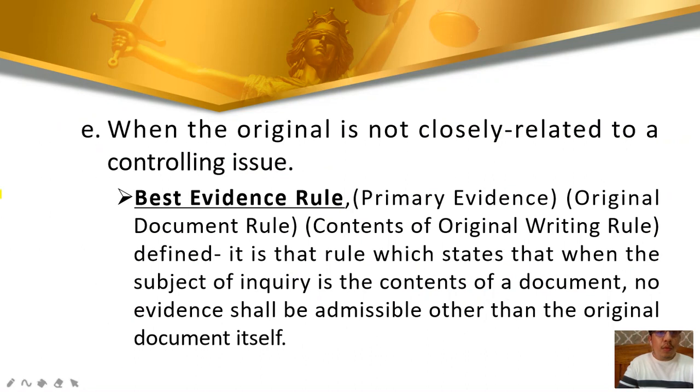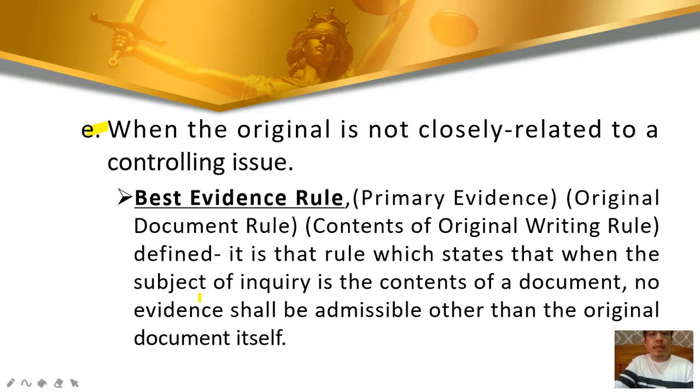Lastly, when the original is not closely related to a controlling issue. So when the original daw is not closely related to a controlling issue, then presentation of that document may be dispensed with.